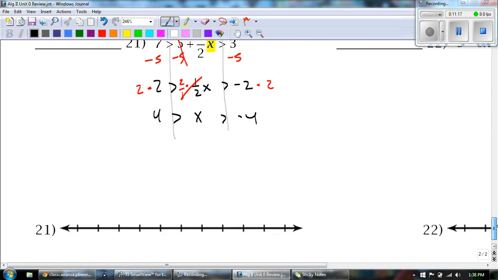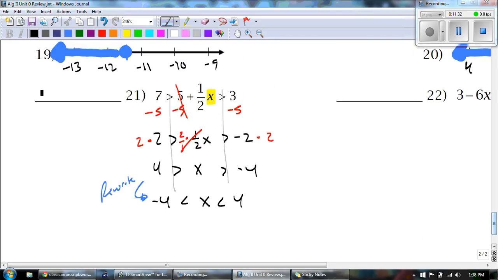And now the only thing that's wrong with this is it's not in least to greatest, okay? So I'm going to rewrite. We have -4, x, and 4, and then everything is pointing to the left, okay? So -4 is less than x, which is less than 4.